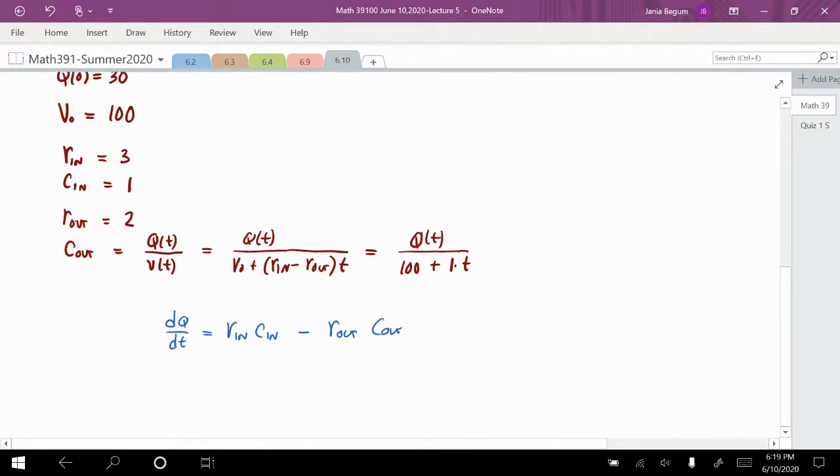And we rewrote the formula for concentration out. So for this problem, R_in is 3, concentration in is 1, minus R_out, that's 2, times C_out. Well, C_out is Q over V, so that would be Q over 100 plus t.